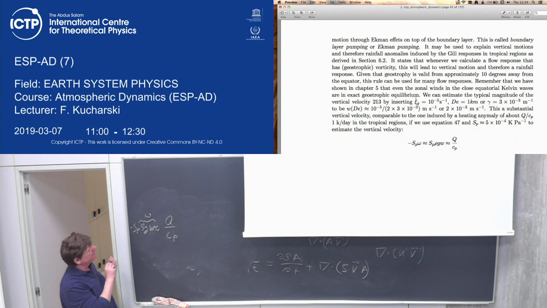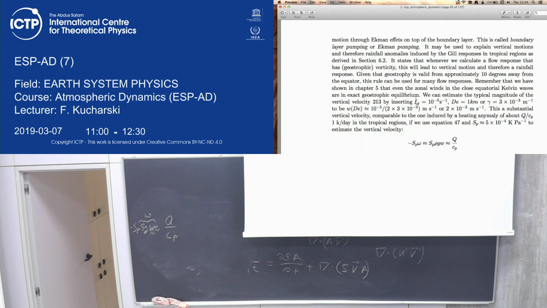If that's the case, we can relate what is the typical vertical velocity, for example, in a heating case. If we insert a typical heating, this could be relevant. Maybe El Niño would have more than this, okay? But this would be a typical heating rate for a weakish El Niño. Maybe not a 1 degree or 2 degree, but a half a degree El Niño or something like this.